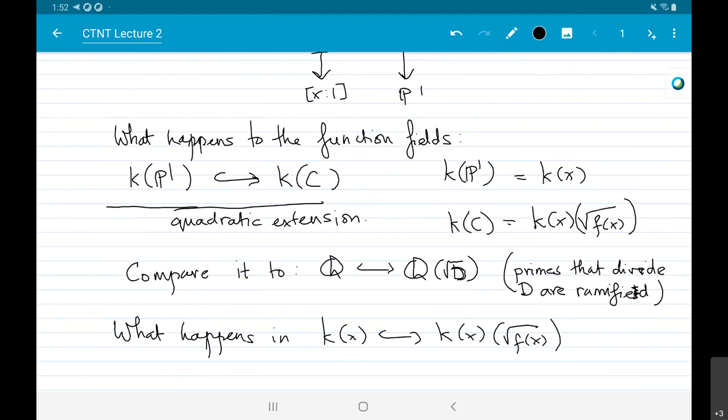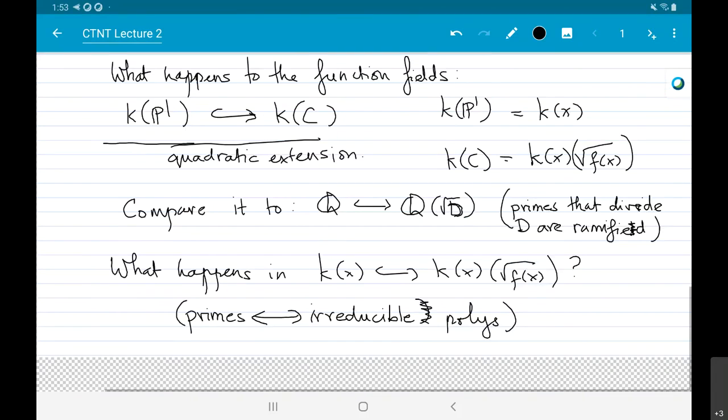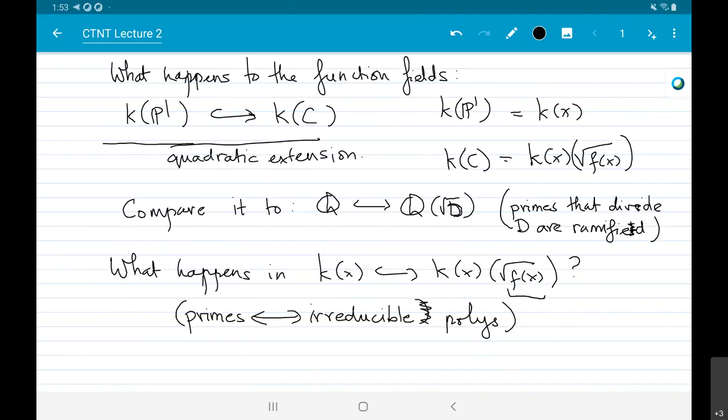If you go back to commutative algebra, what are primes inside a polynomial ring over a field? The primes are the irreducible polynomials. So here primes correspond to irreducible polynomials. And so the things that will be ramified here will come from the factors of f(x).